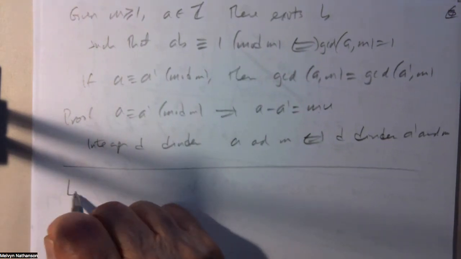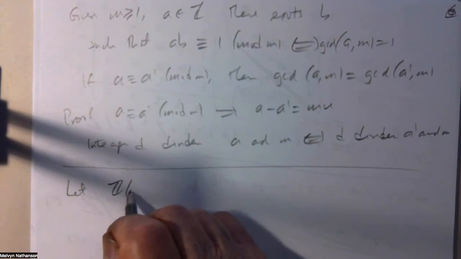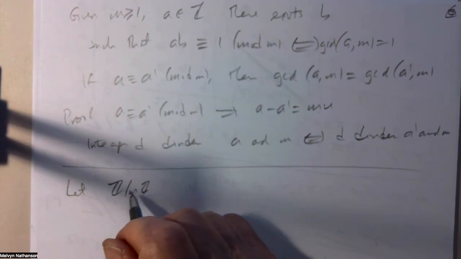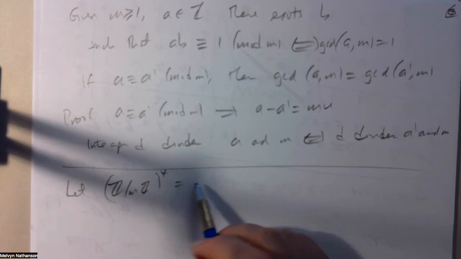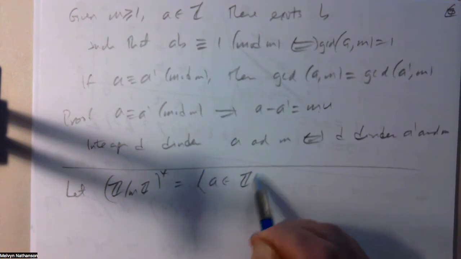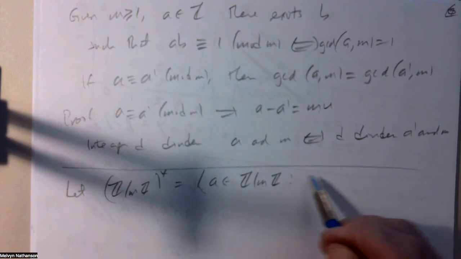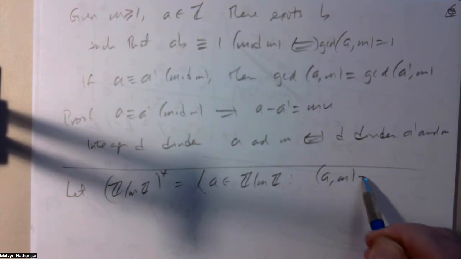So we let Z mod mZ star be the set of all a in Z mod mZ that are relatively prime to m.